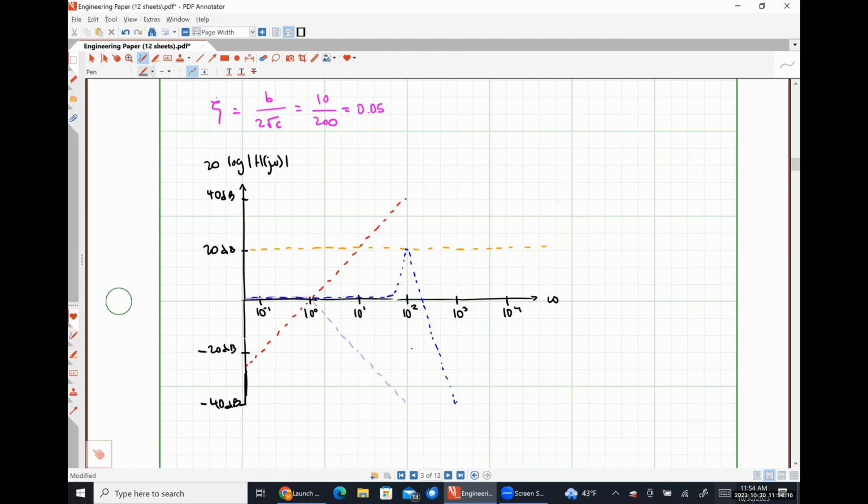Let's do it in this dark gray. All right. So way out here on the left-hand side, we have 20 decibels being counteracted by this bit right here, which is just a little bit more negative than negative 20 decibels. So I think it's going to start out around here, right?